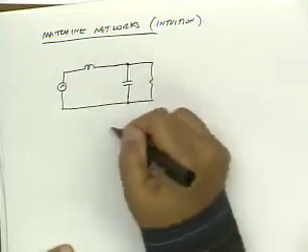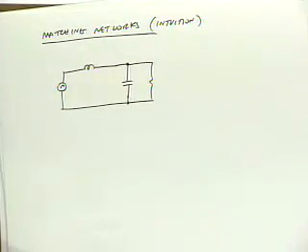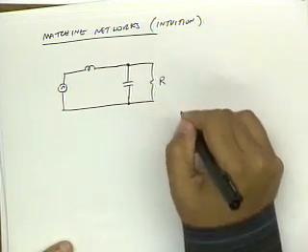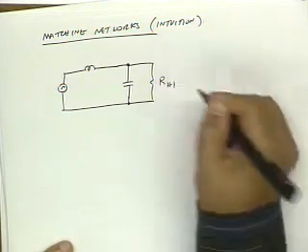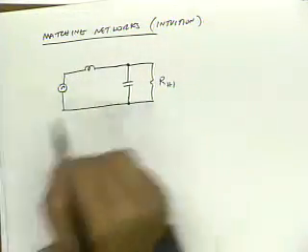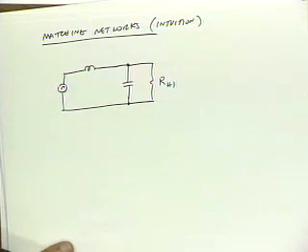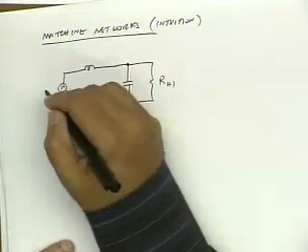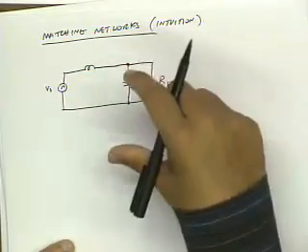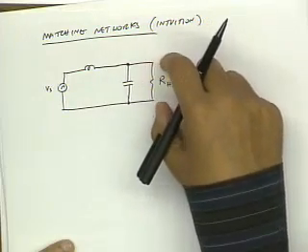So this is R high, and this L matching network is going to transform this to R low. So what I'd like to do is take this voltage source and somehow boost the voltage that drives this RL.